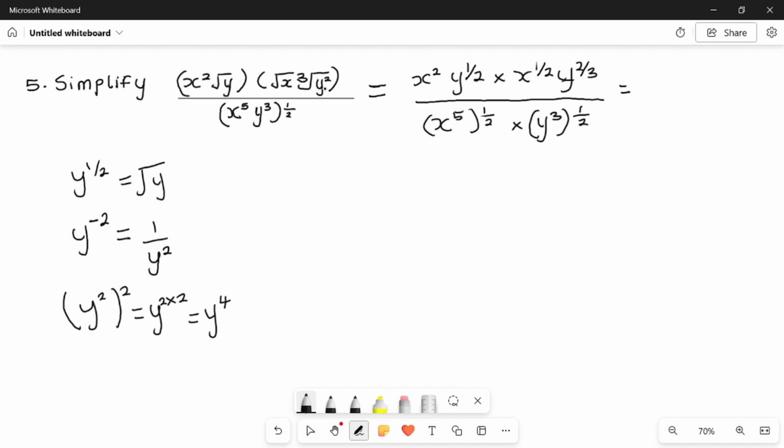Rearranging, we'll have x raised to power 2 times x raised to power 1 over 2, in a bracket, multiplied by y raised to power 1 over 2 times y raised to power 2 over 3.